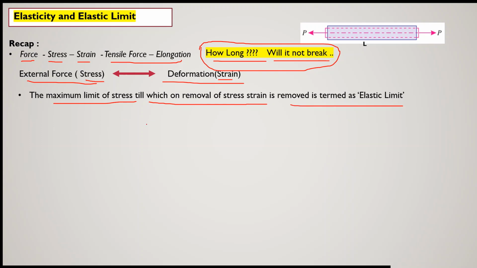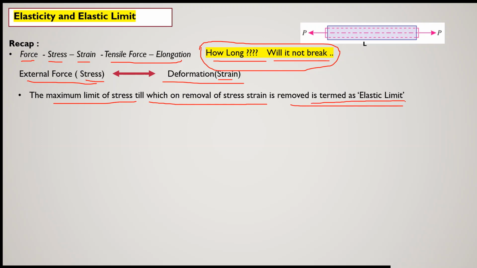So we are going to understand what the maximum stress for a particular material should be. Suppose it is steel: how much can you increase the stress, that is, what is the maximum limit of stress up to which, if you remove the stress, the strain is removed?